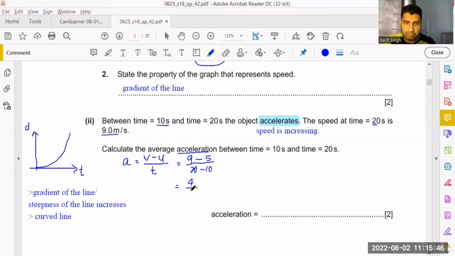So you will get 4 over 10, which will lead you to 0.4 meters per second squared. So that will be your answer for this. You can put it as meter second minus 2, or the unit can also be meter per second squared. It's up to the student how they want to use the indices.